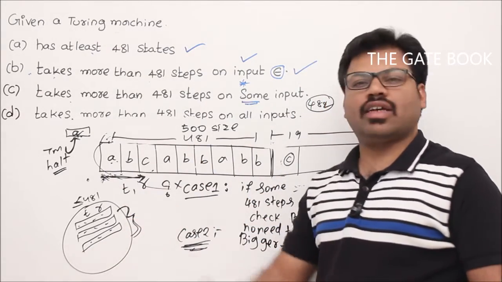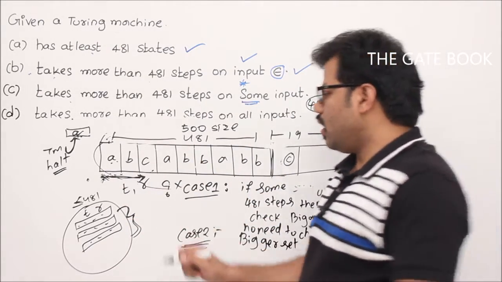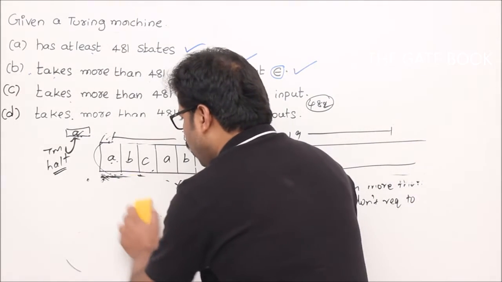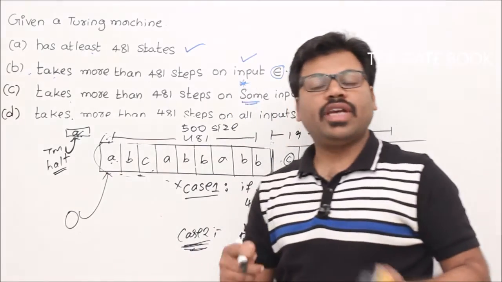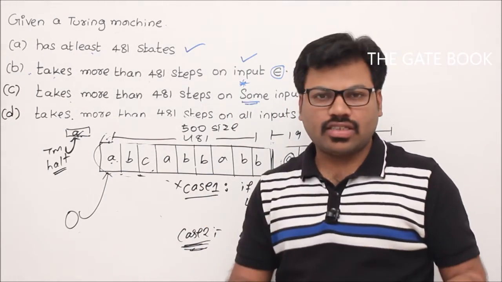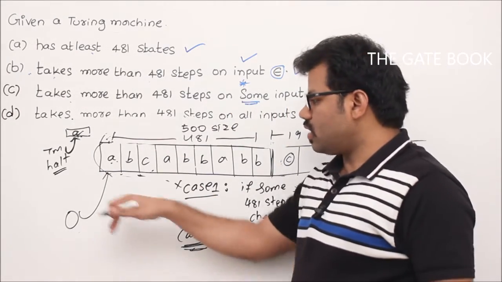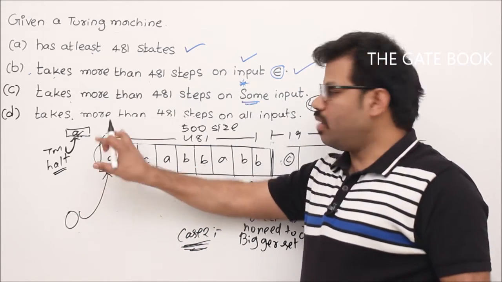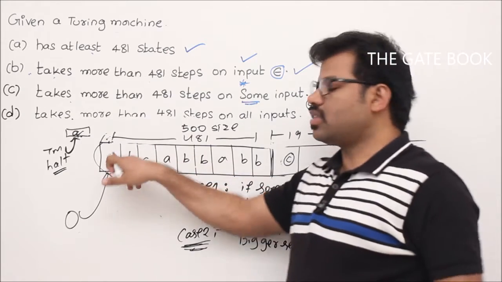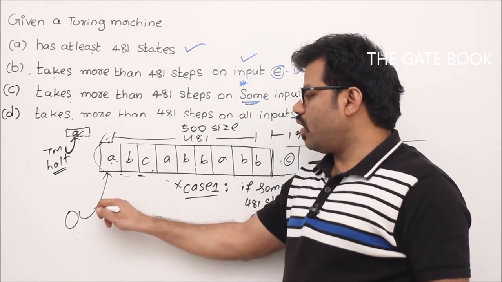Such kinds of strings are examined. Now let me tell you one thing. Initially, when your Turing machine was processing this string, it behaves exactly like it is processing a smaller string. Because what is the difference at this moment? There is no difference. In the smaller string there is an a, in the bigger string also there is an a. This is common, right? So that's why the behavior will be the same.